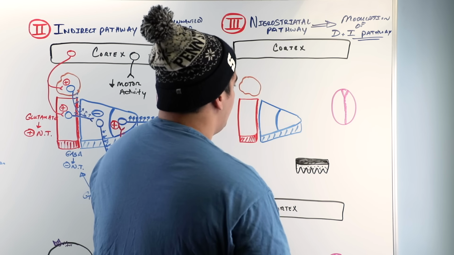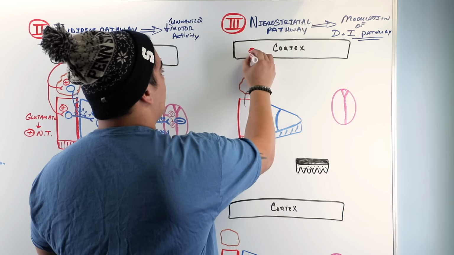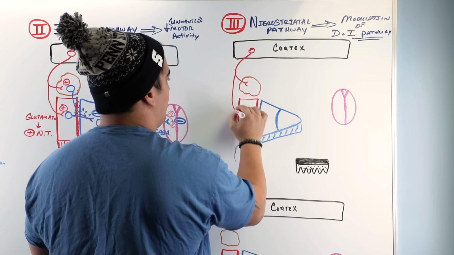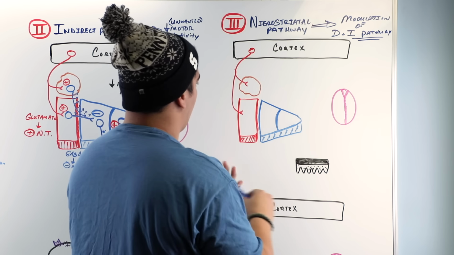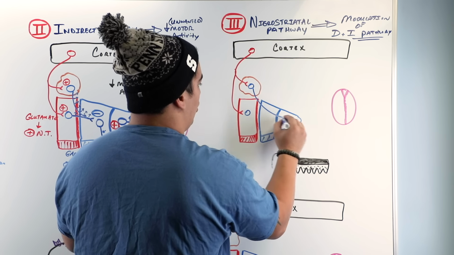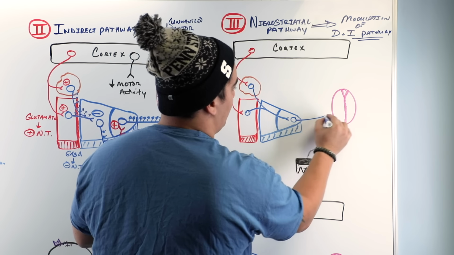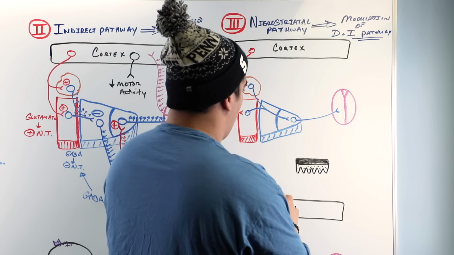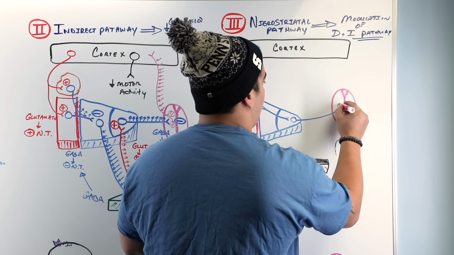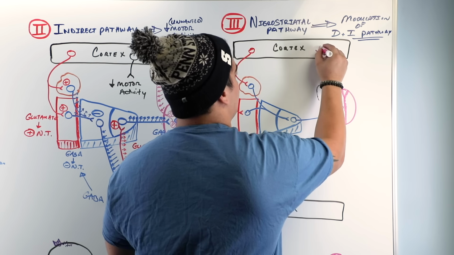Again, have your scaffolding. We can blast through this: from the cortex coming down to the striatum, then from the striatum to the globus pallidus internus, from the globus pallidus internus to the thalamus. From the thalamus, we go back via the two nuclei to the cortex, right?